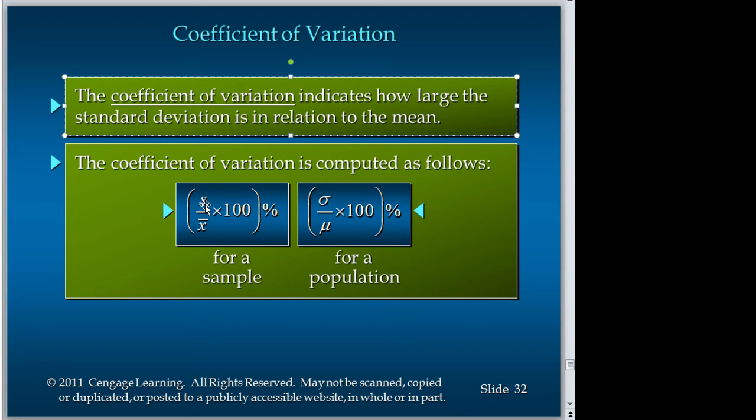So you divide standard deviation by sample mean, and then you times it 100 to make it as a percent, right? The result of this calculation is called coefficient of variation.